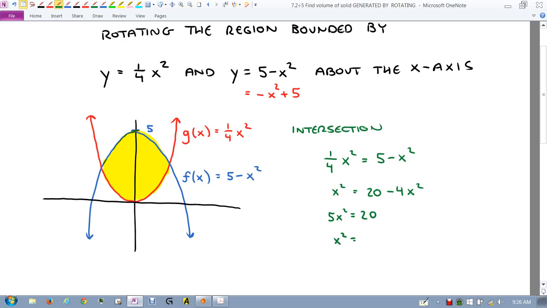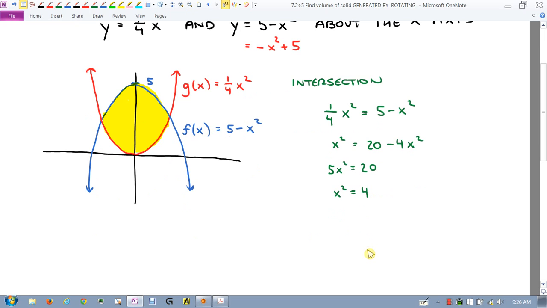And then divide by 5. And so I get x is what? Plus or minus 2, right? So that's where they hit each other, at an x value of -2, x value of +2. I feel good about that.